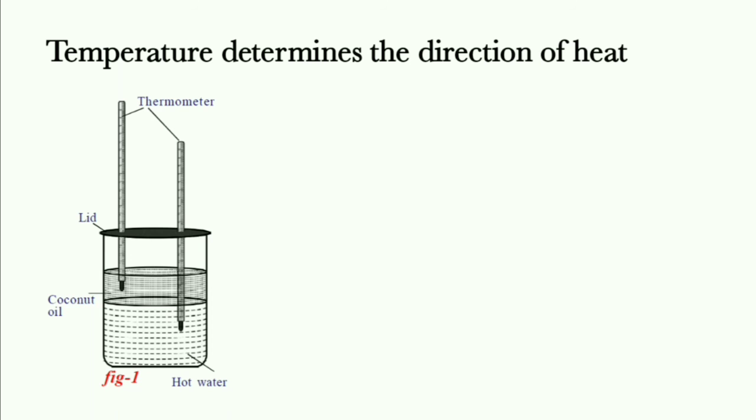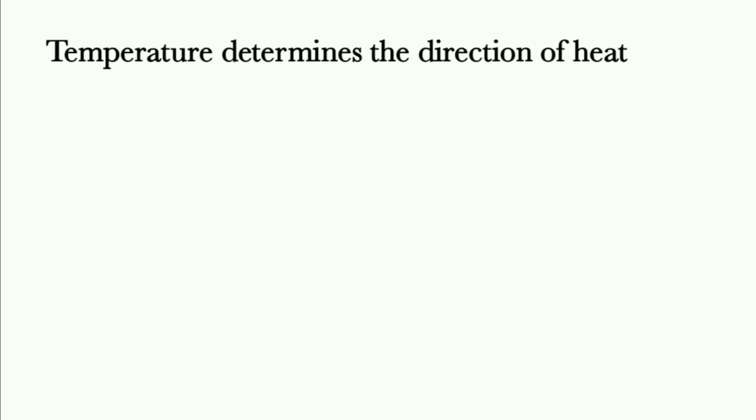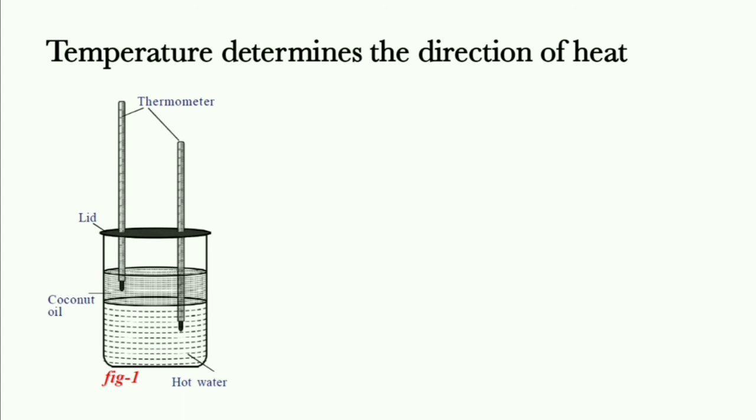Now tell me why. We know already from Activity 1 and 2, when they are in thermal contact, heat flows from hotter bodies to cooler bodies. Remember, heat is flowing from hot water to coconut oil. How can you say this?